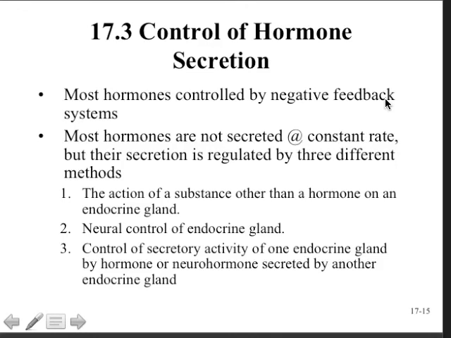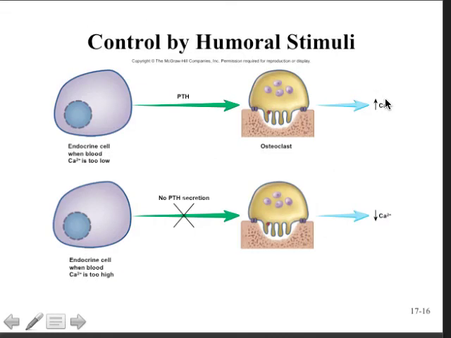And the example here would be the hypothalamus influence on the anterior pituitary. Via these releasing factors, the body is able to regulate the production of anterior pituitary hormones. And so here we see an example of control by humoral stimuli, basically changes in body chemistry turning on or off a particular hormone.